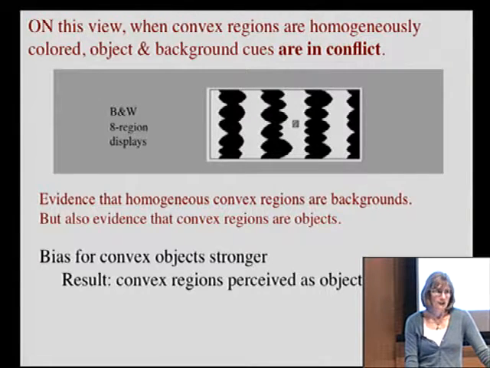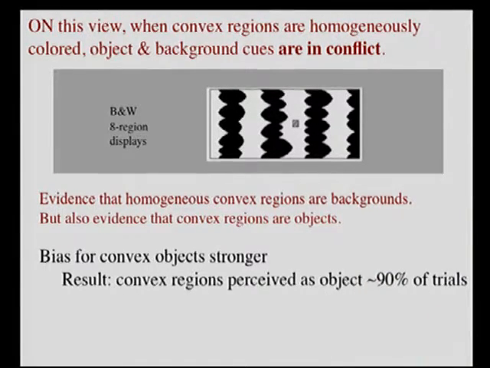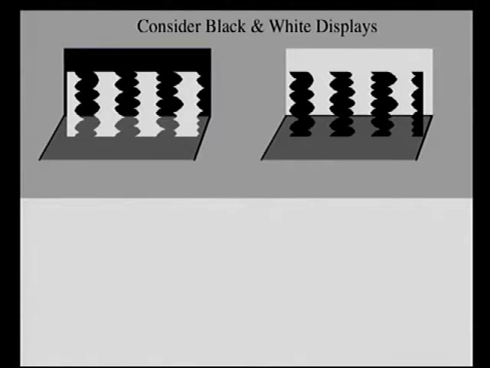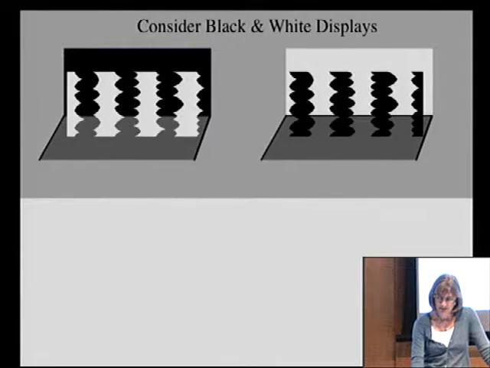And we think that's probably because the bias for convex objects is stronger than the bias for concave objects. It's not a huge bias, but it's a bias in the visual system. But nonetheless, it might be the case that the two interpretations are competing. And this is what I want to show you pictorially here and then tell you about in 2 experiments.